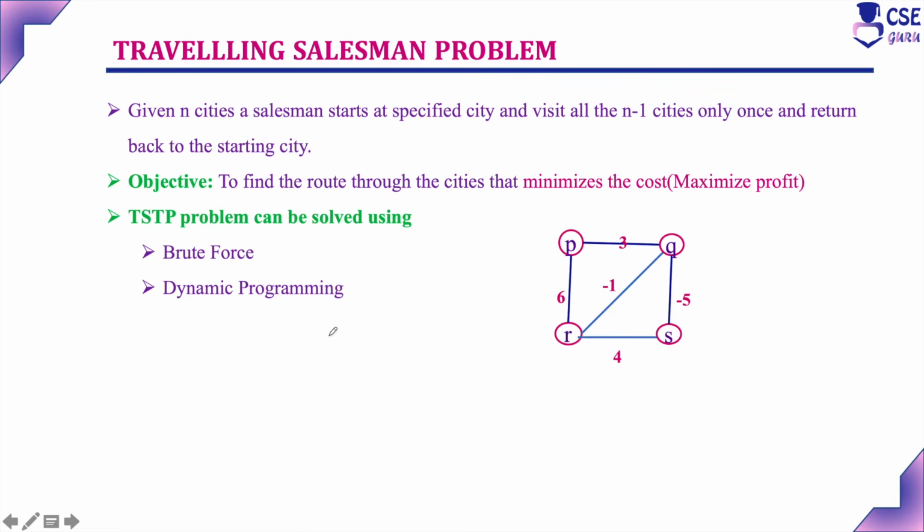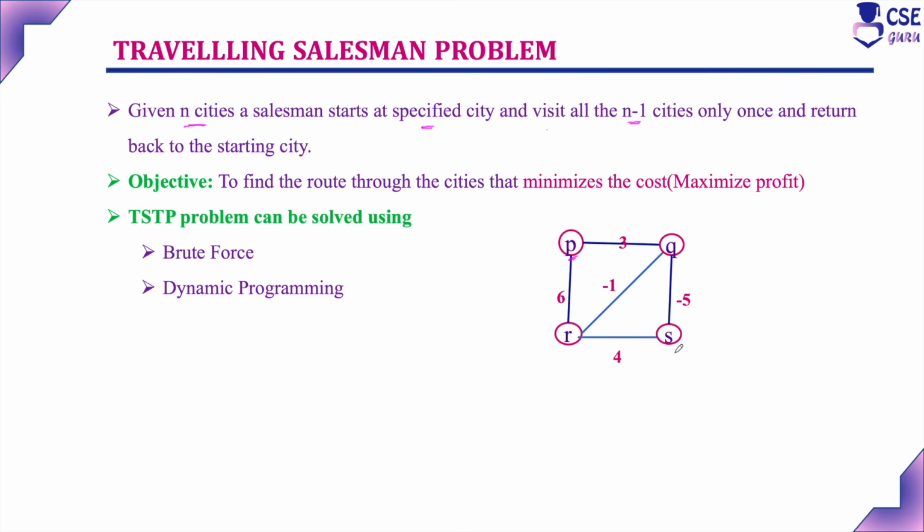What is the traveling salesman problem? Given n cities, the salesman has to start at a specified city, that is, one city considered as the source city. For example, consider P as the source city. Start from that city and visit all n-1 cities.